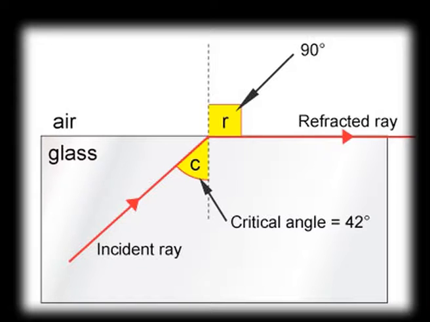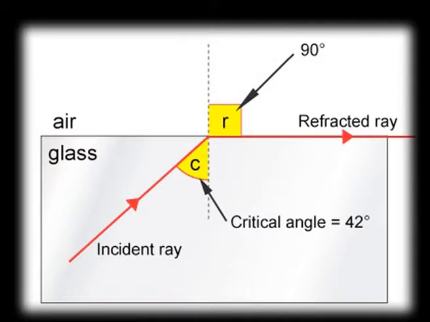Now for a particular value of the angle of incidence, this ray will just graze along the surface of separation between these two media. That means no refracted ray will enter the rarer medium. This is known as the critical angle.